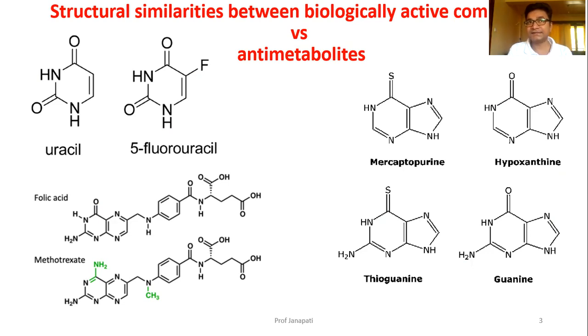So the cancer cell will accept 5-fluorouracil instead of uracil, methotrexate instead of folic acid, mercaptopurine instead of hypoxanthine, and thioguanine instead of guanine molecule.